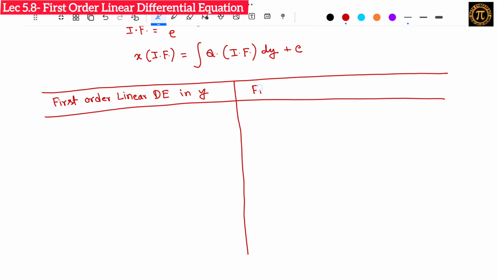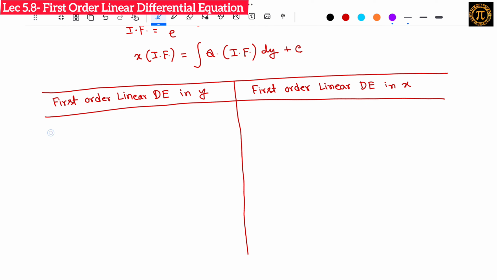Second: first order linear differential equation in x, where the dependent variable is x.